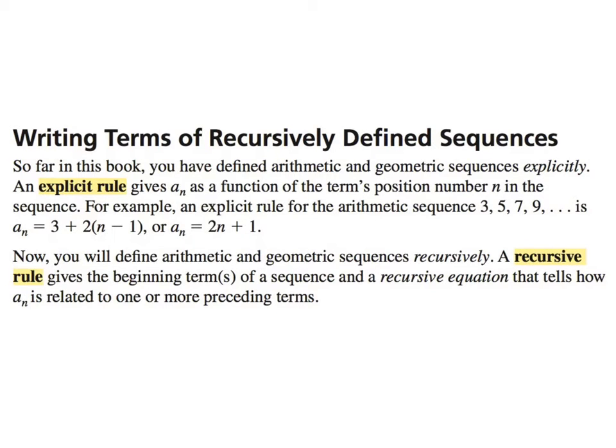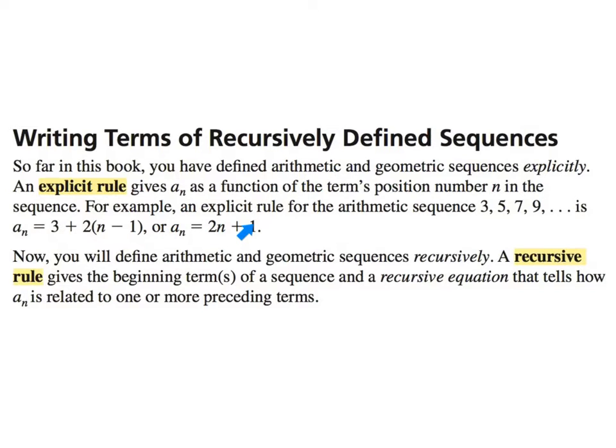So, first up, in this book so far, you have done arithmetic and geometric sequences explicitly. So again, an explicit rule gives a sub n as a function of the term's position n. So again, that's how you find any term in the sequence, given the position. So for example, look at this: a sub n equals 2n plus 1.